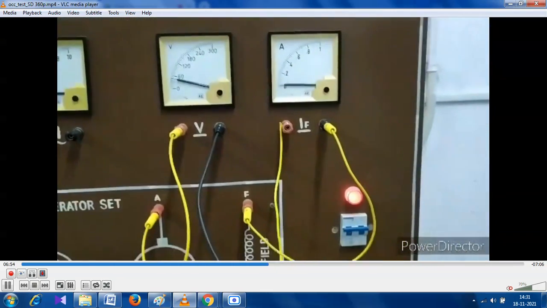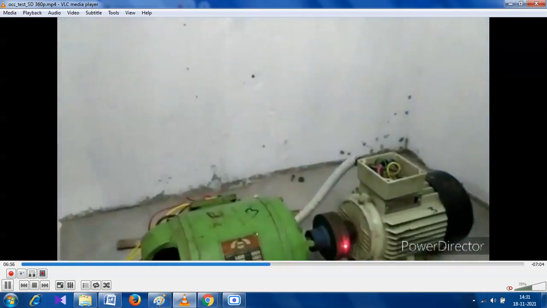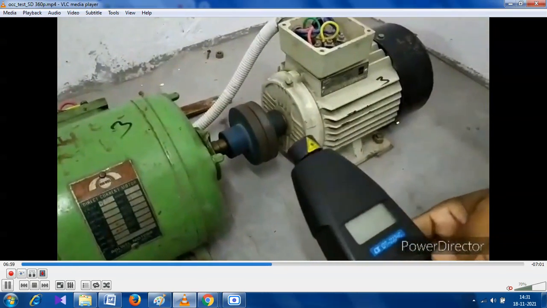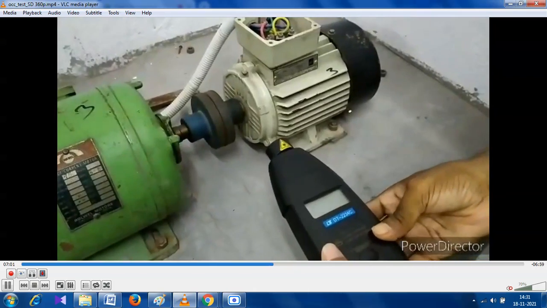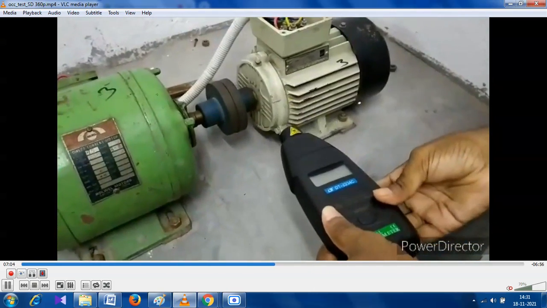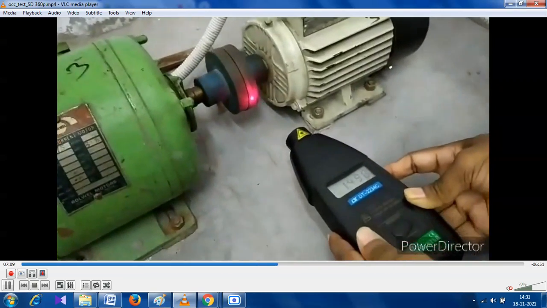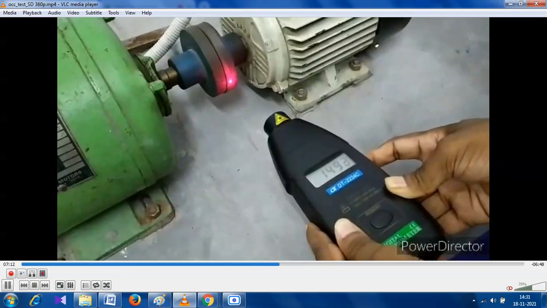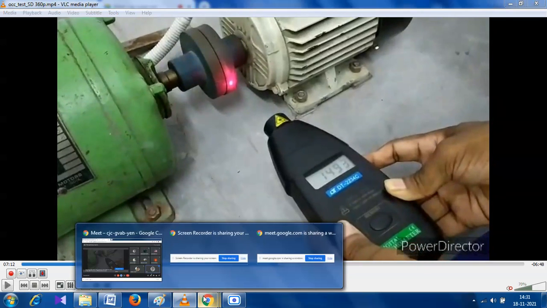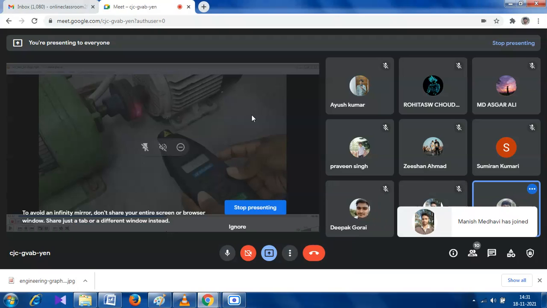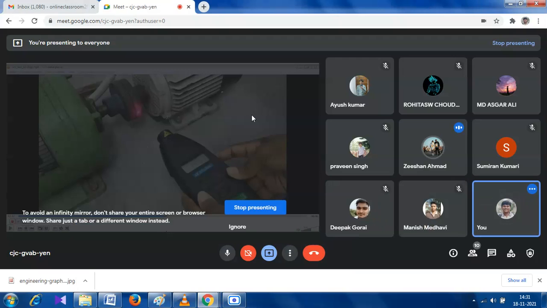What is the smallest division, and how do we calculate the smallest division? Ayush, what is the smallest division? 0.02.